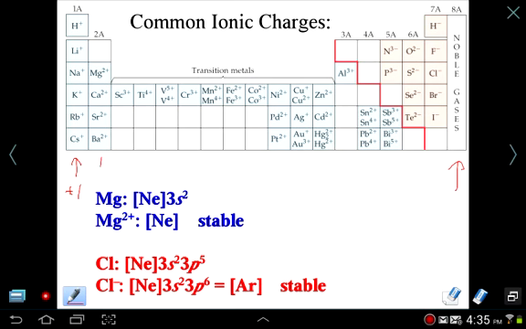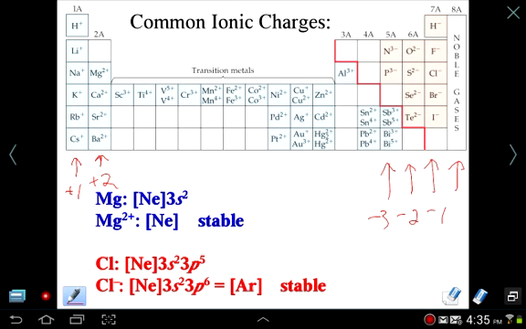Similarly with the group 2 metals, they'll form a +2 charge. And then the halogens, a -1 charge, the oxygen group a -2 charge, and the nitrogen group predominantly a -3 charge.